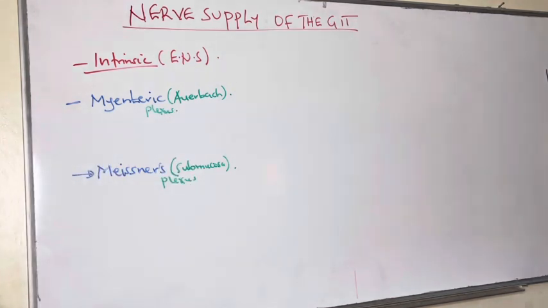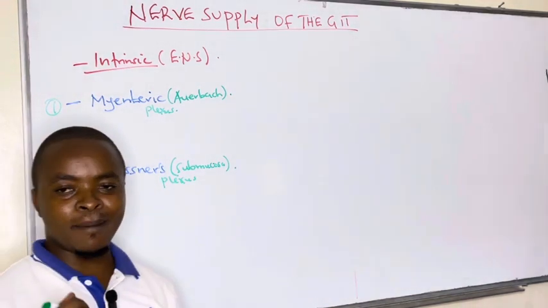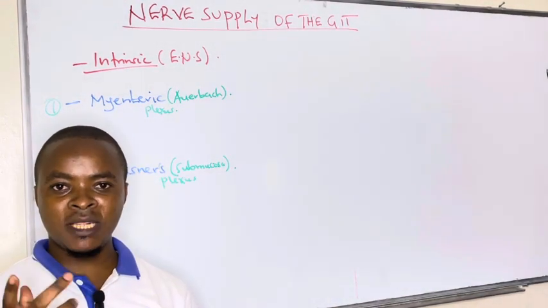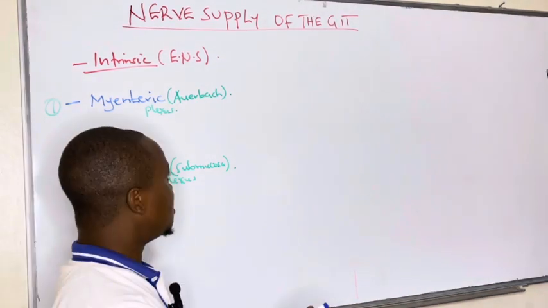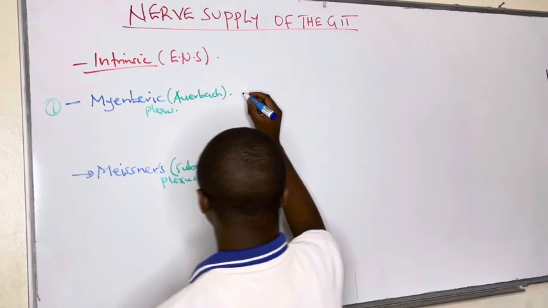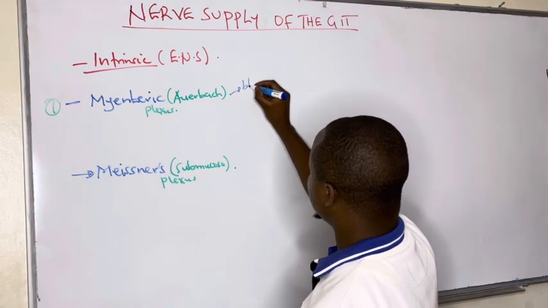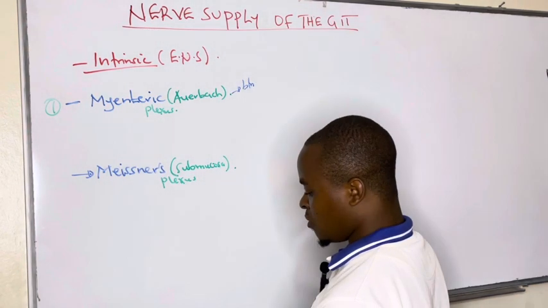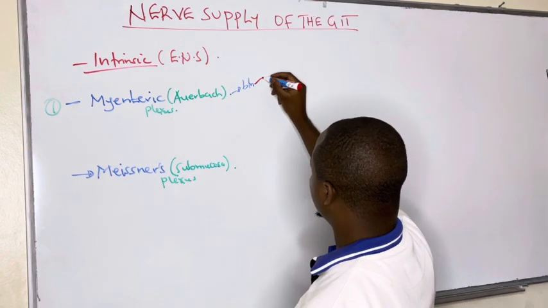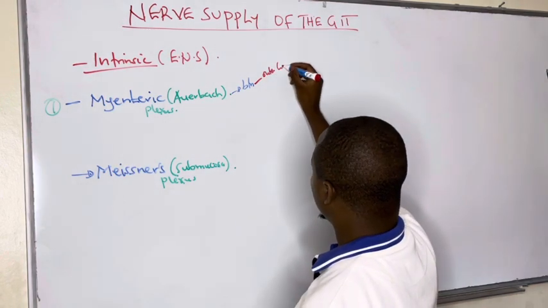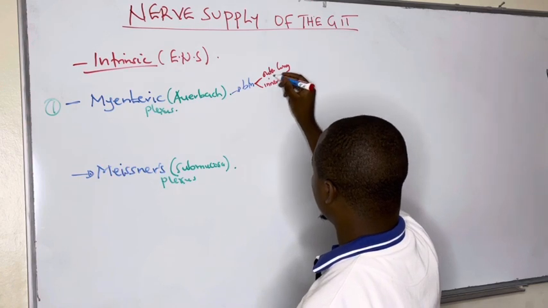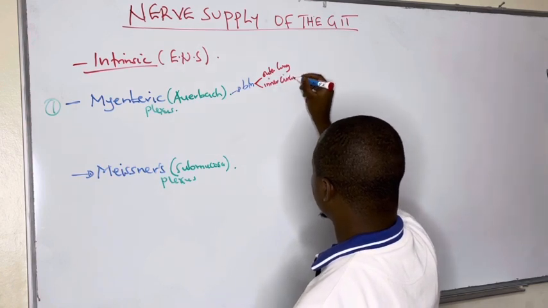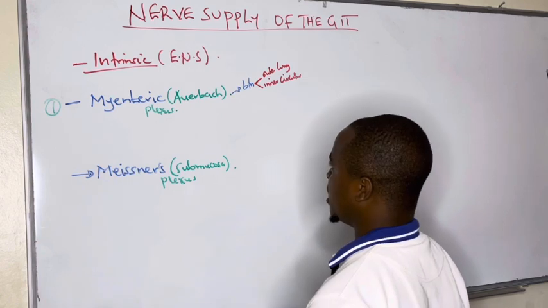Whereby this myenteric plexus, myenteric comes from the word myo, and myo means muscles. So it is found between the outer longitudinal muscle and inner circular layer of the smooth muscles.